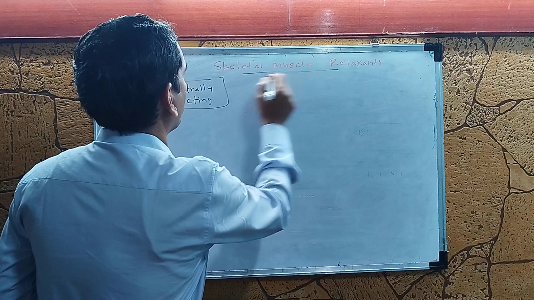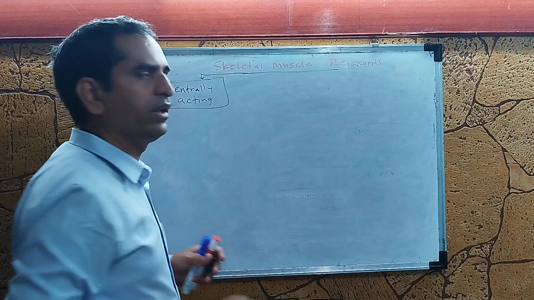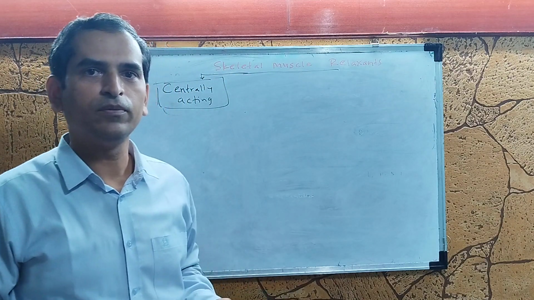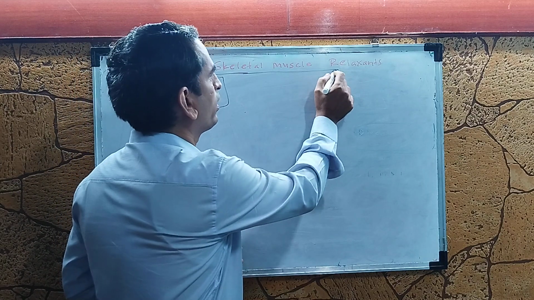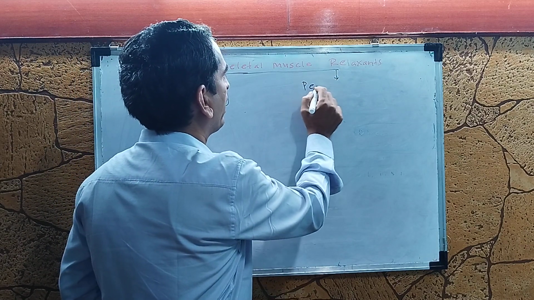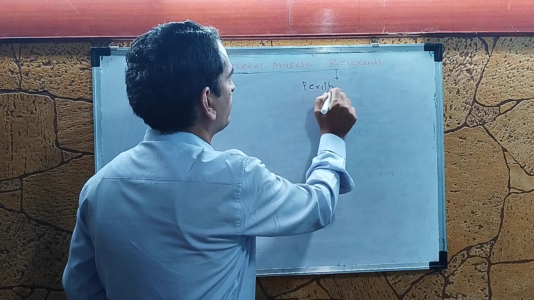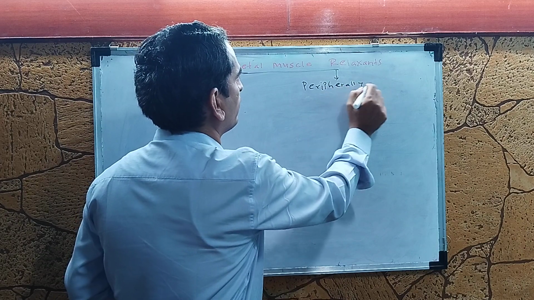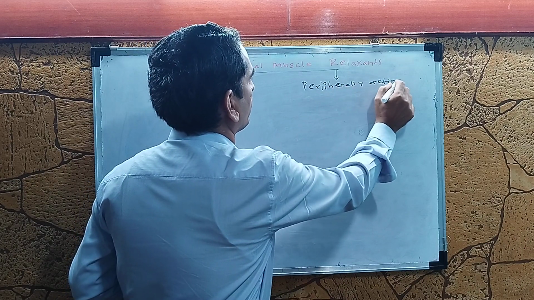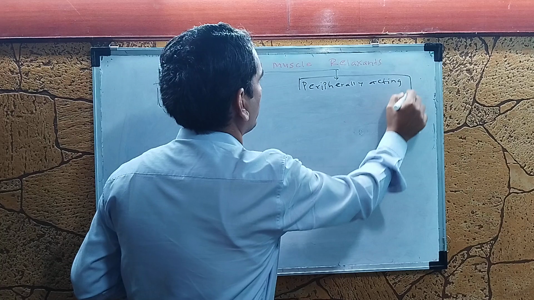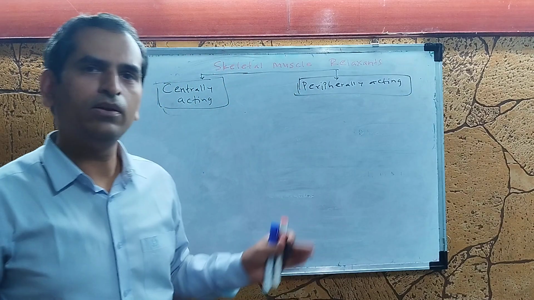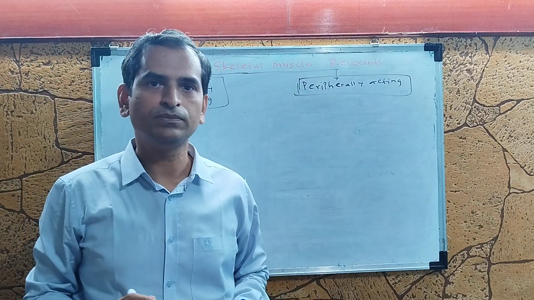Whenever we know that there is one centrally acting muscle relaxant, logically there would be another category of drugs which are called the peripherally acting muscle relaxants. So one category is centrally acting, the other is peripherally acting.